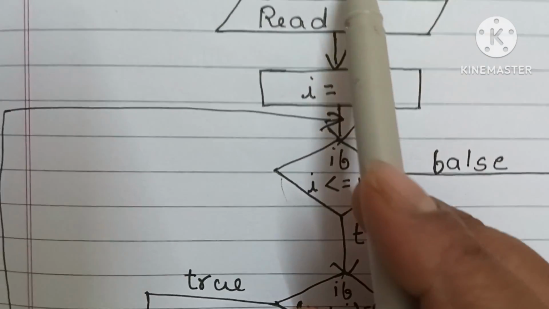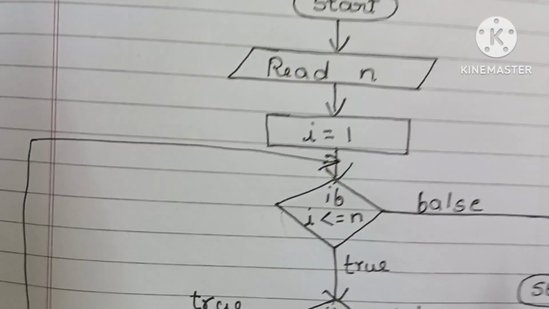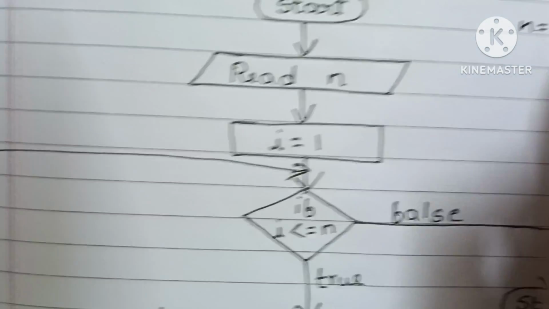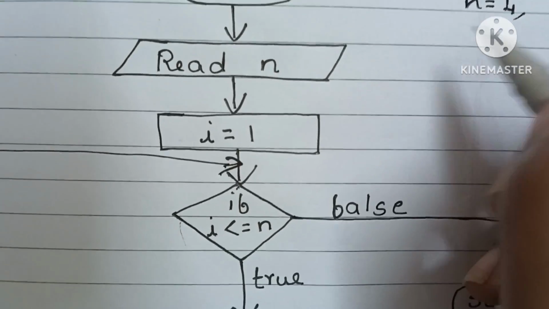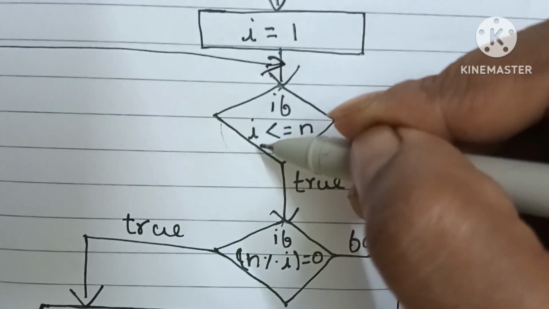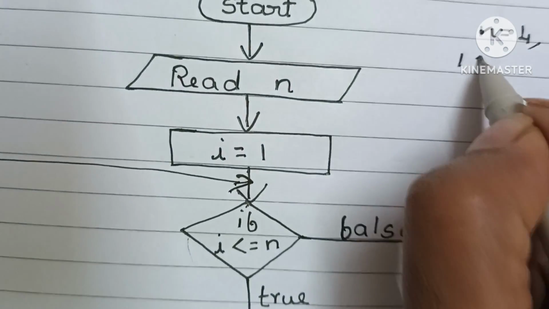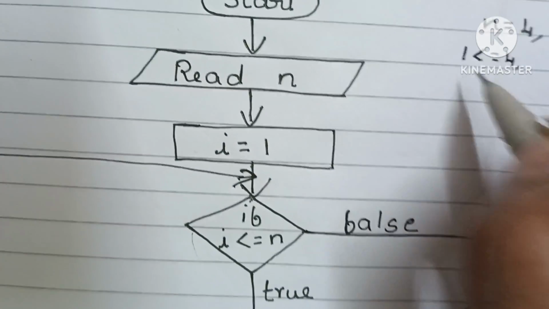Here start, read n. Consider n value is equal to 4, I is equal to 1. If I value is less than or equal to n, I value is 1, right? 1 is less than or equal to 4. This condition is true.